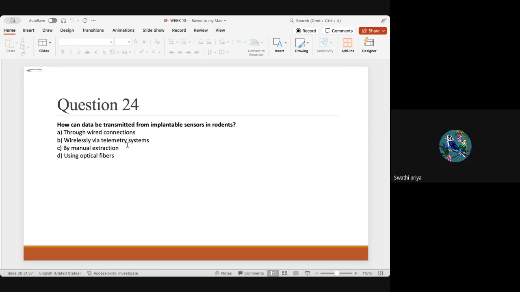Option B. Wireless. No? Yes, wirelessly via telemetry system.